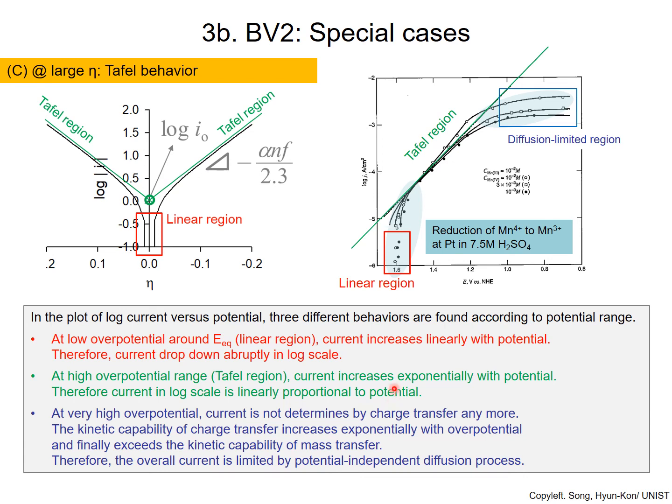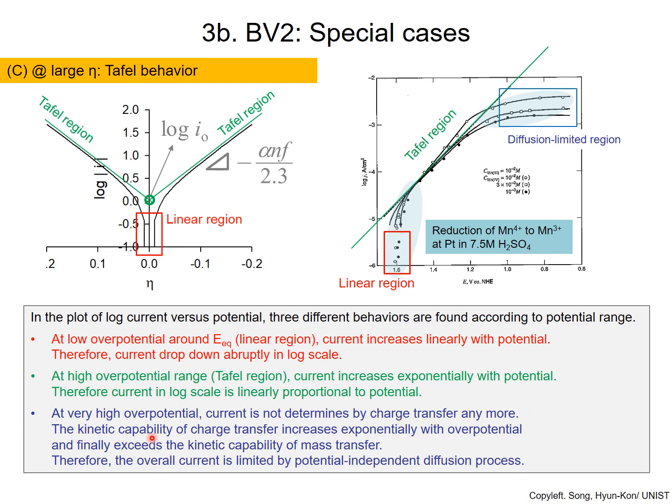I'd like to introduce the third region here in the real experimental situations. This is called the diffusion limited region. At very high overpotential, higher than the Tafel region, current is not determined by charge transfer anymore.